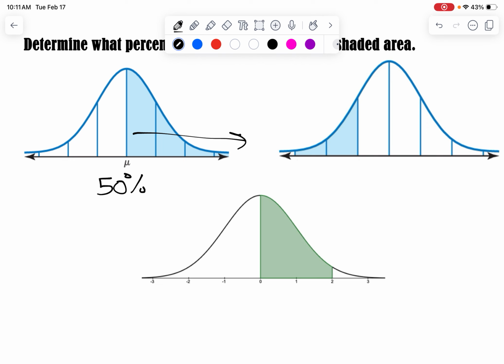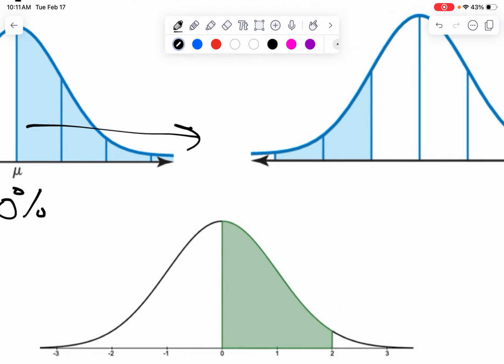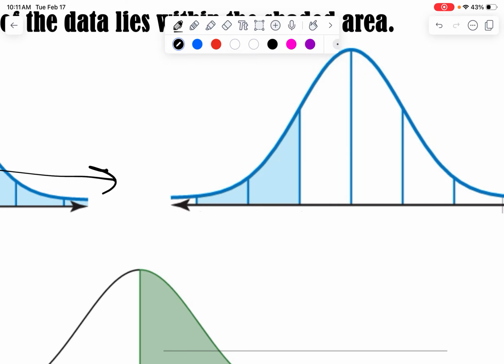Now, if it's not a normal distribution, then the mean is not in the middle, right? Okay, and then this one has this bin here and this bin here shaded, but not this. So that's important to note.